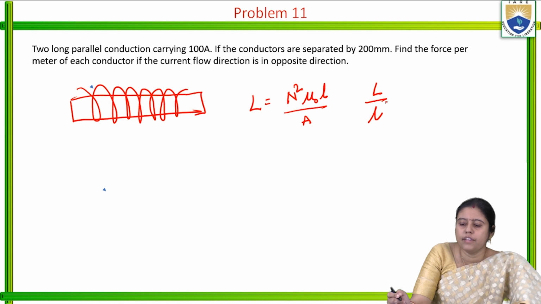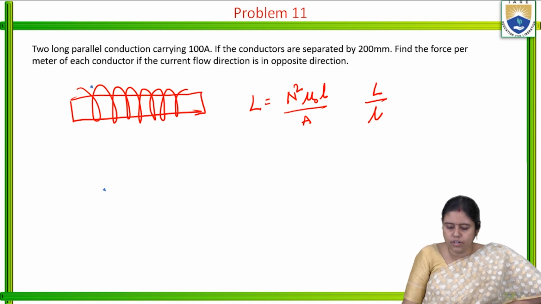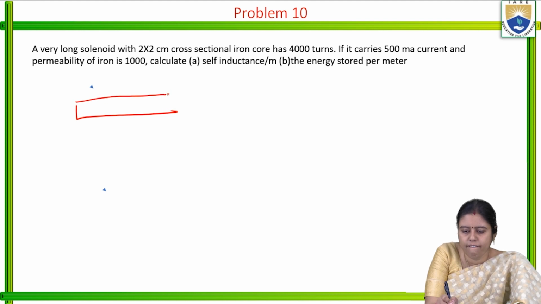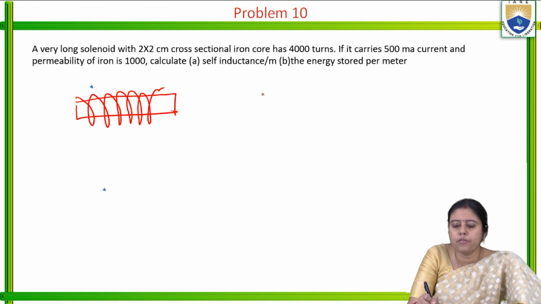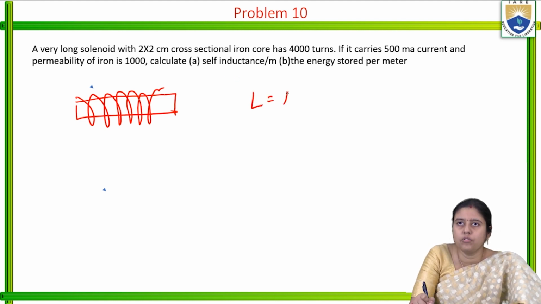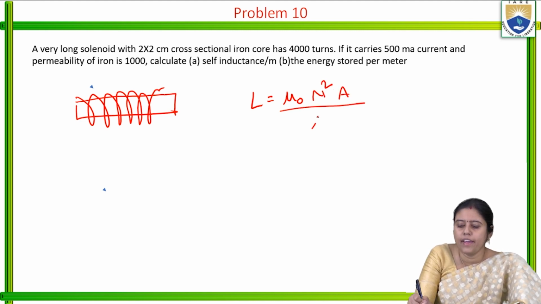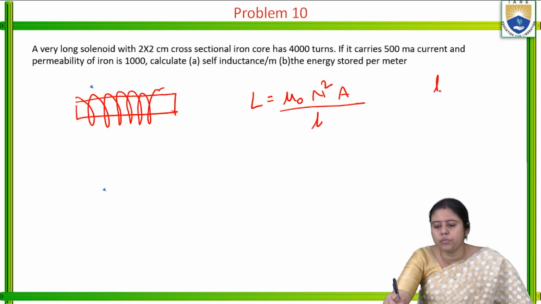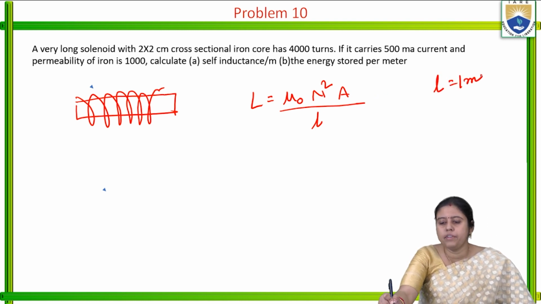We know L is equal to mu naught N square A by L. Length is not given, so we will take L is equal to 1 meter.